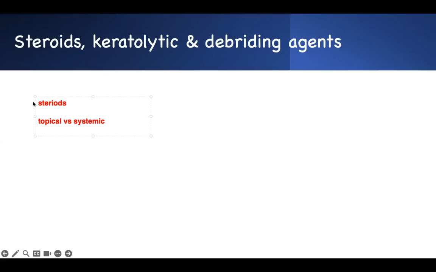So they help with inflammation, and we can use them for dermatitis, psoriasis, and so many integumentary conditions. What I want you to focus on is how to recognize them.